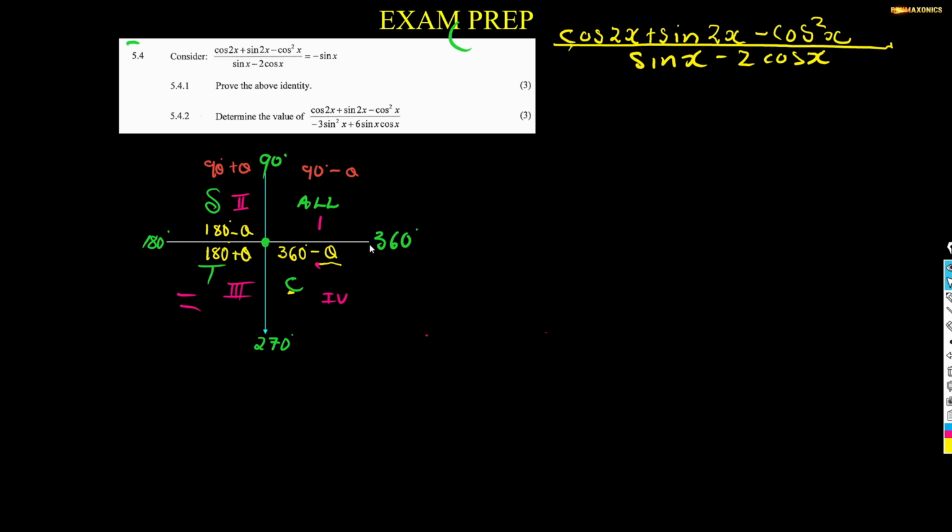so again we have the 5.4.1 that says prove the above identity, and they say that everything here as given is equal to negative sine x, and remember this one here is different compared to this, so we have to make sure that we eliminate everything up until we get the solution, right?